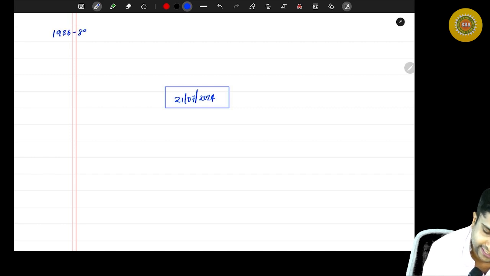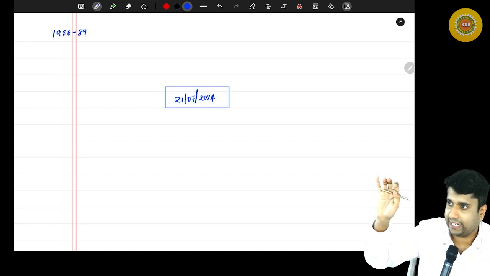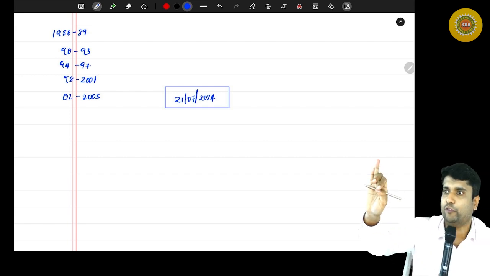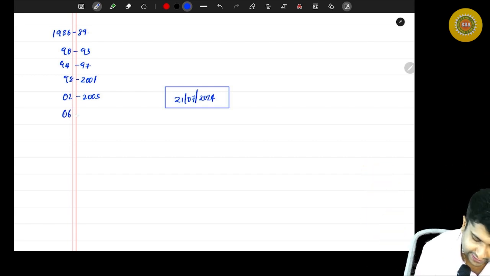So what is the first fixed block? 1986 to 89: 86, 87, 88, 89. Then 90 to 93. 94 to 97. 98 to 2001. 2002 to 2005. Then 6 to 9. 10 to 13. 14 to 17. 18 to 21. 22 to 25.